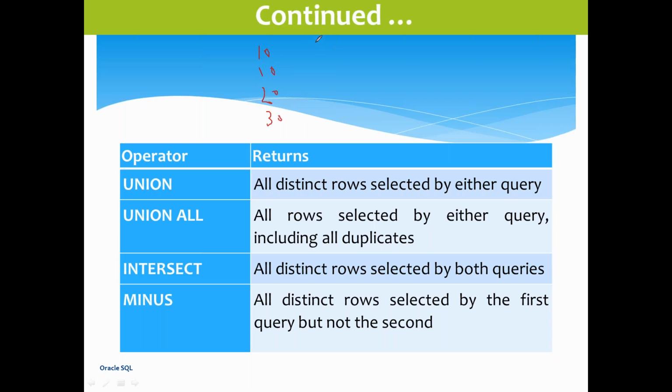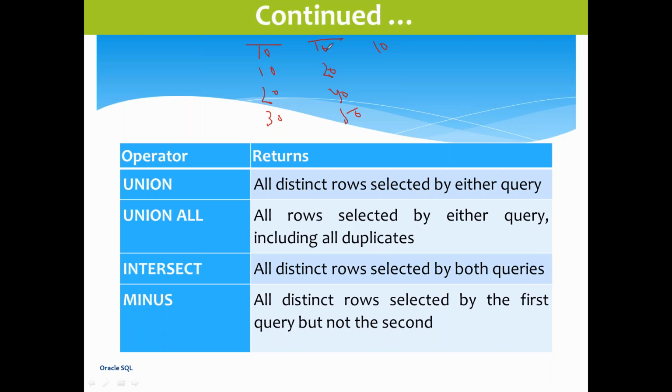In another table, 10, 20, 40, 50 is there. So what will it take in this union? It takes these two sets of values, this is one set and this is one set. After combining all those, it will take all the distinct values, and values which are repeated it will not take again and again.